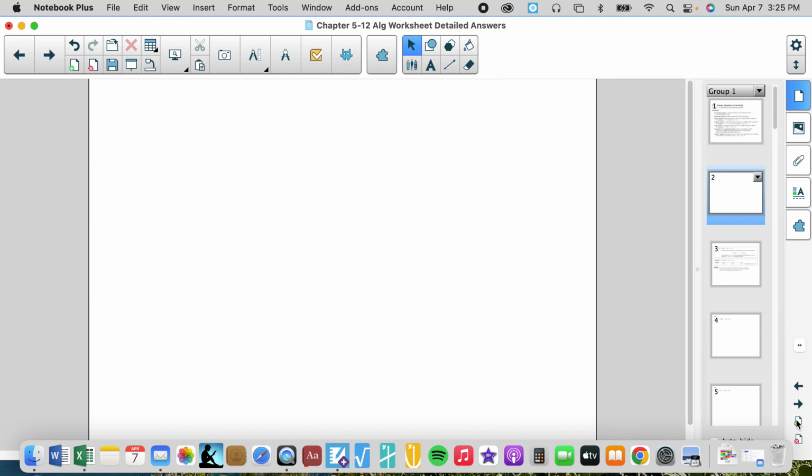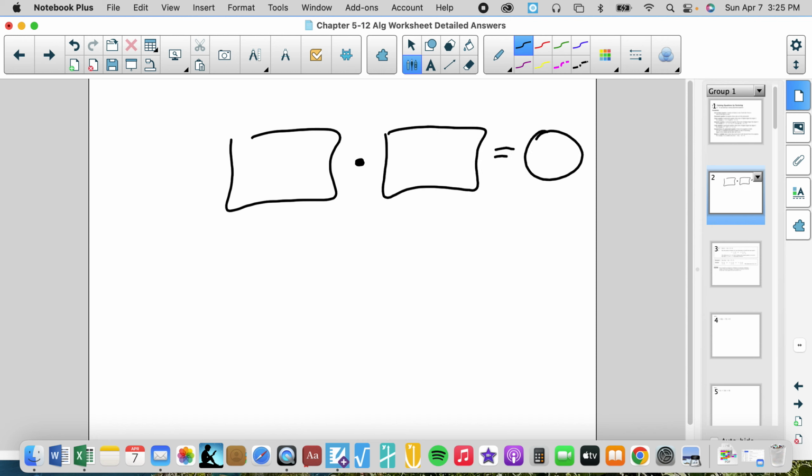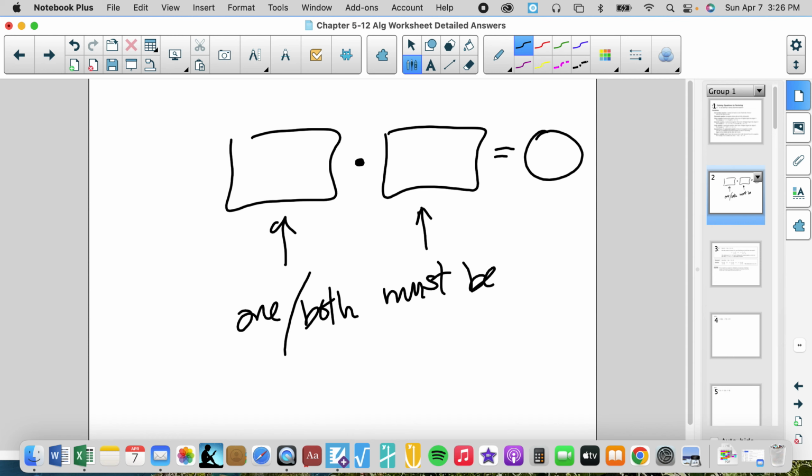Meaning, if we have two unknowns, two things multiplying that equal zero, one of these, either this or this, one or both must be equal to zero.